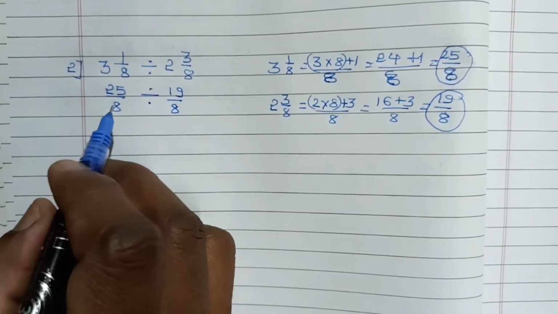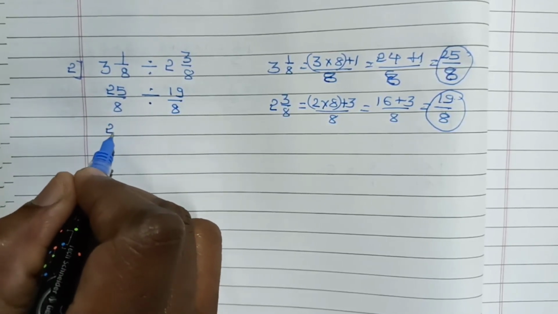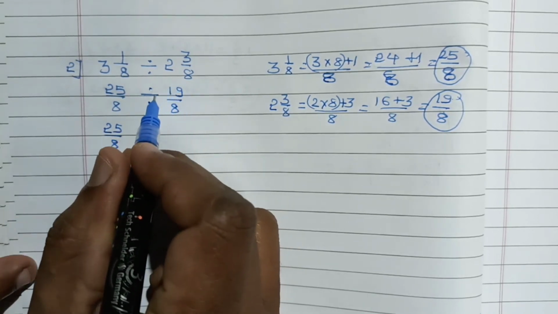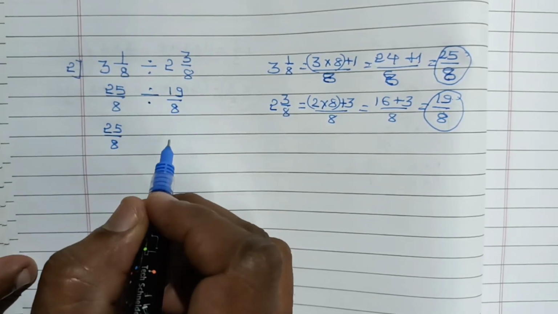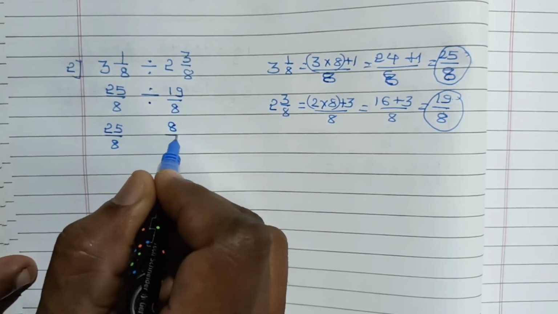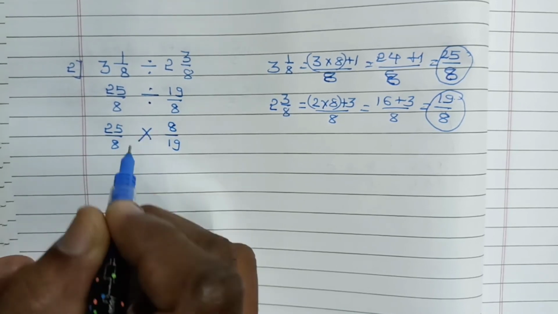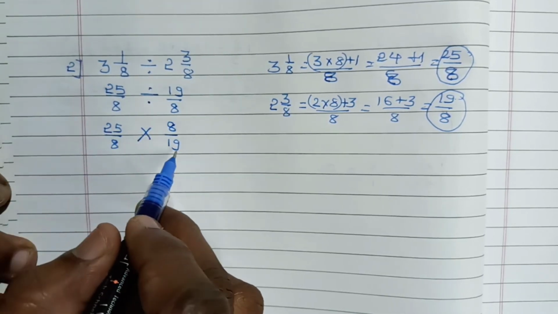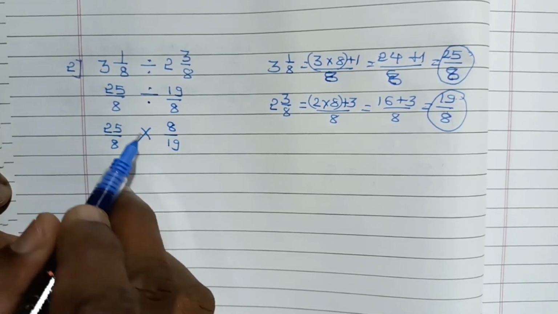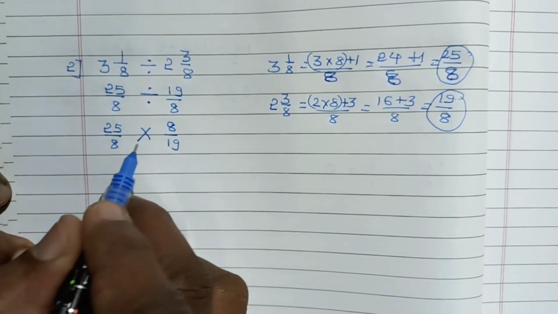Next what you have to do, first fraction you have to write as it is. So 25 upon 8, and second fraction you have to reverse it, you have to reciprocate. So 19 upon 8 can be written as 8 upon 19, and in between you have to write the multiplication sign. You have to see whether you can do the cross cancellation or not. So 25 and 19, it is not possible for cross cancellation, so therefore you have to keep this 25 and 19 as it is.